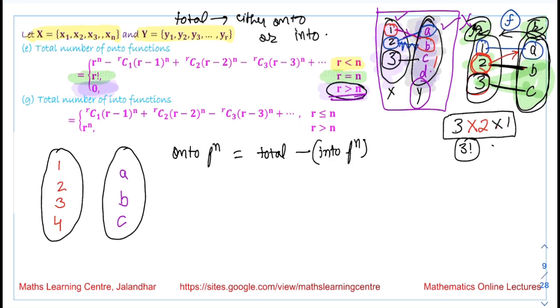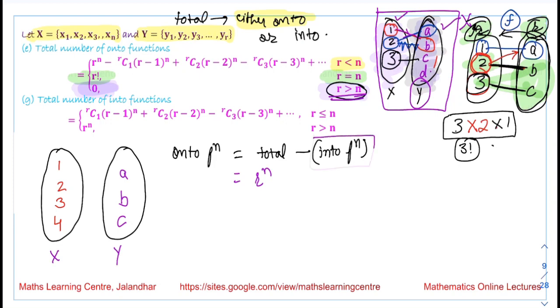So to calculate the number of onto functions, it will be the total number of functions minus the number of into functions. The total number of functions that can be formed from a set X to the set Y is r raised to the power n.